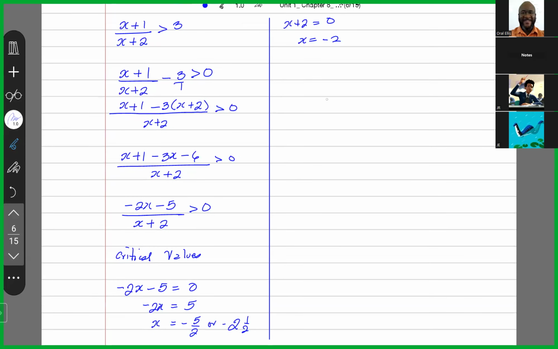Next, I'm going to use the sign table. So I have values of x less than minus 2½, I have values of x less than minus 2 but greater than minus 2½, and the third range is x greater than minus 2.